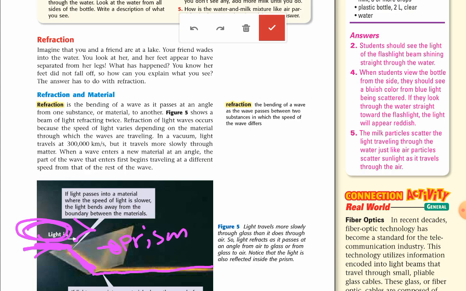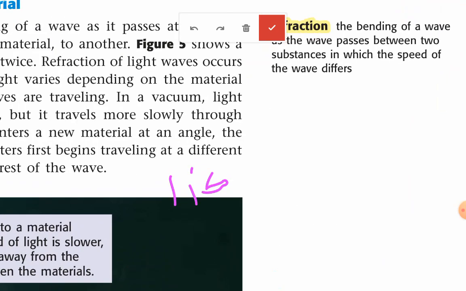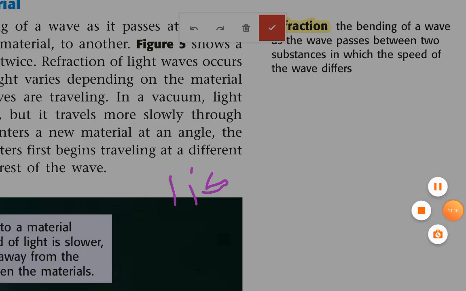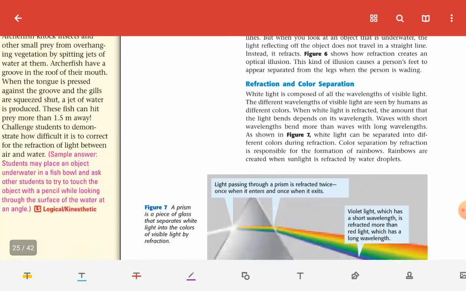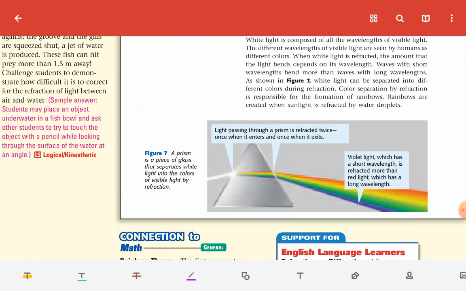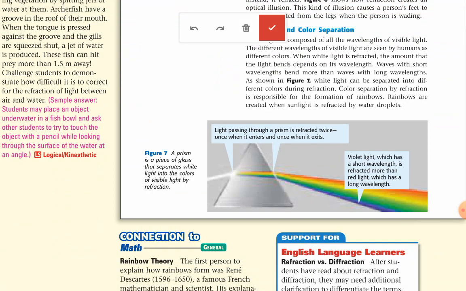Here guys, note that light is divided into 7 colors, like figure 7. Look at figure 7 guys, in 7 colors: violet light has short wavelengths, and red light has the longest wavelength.